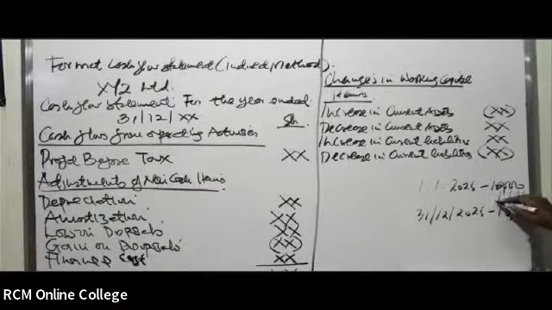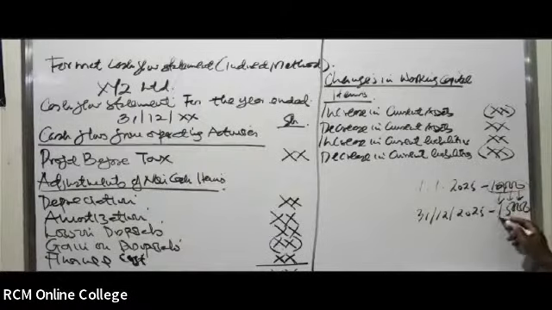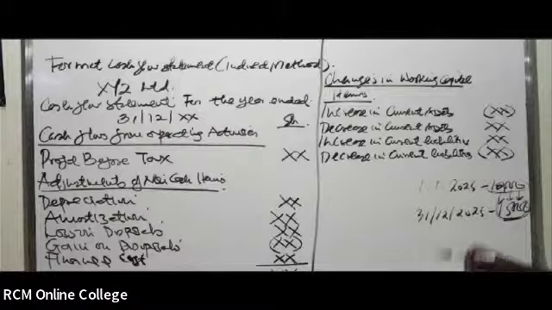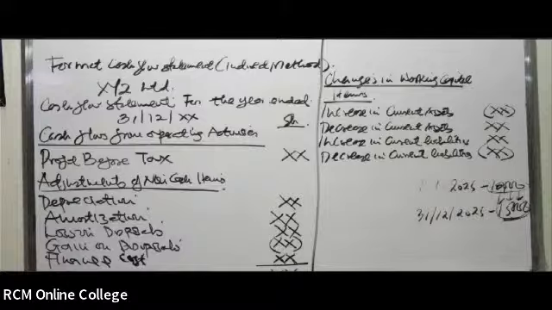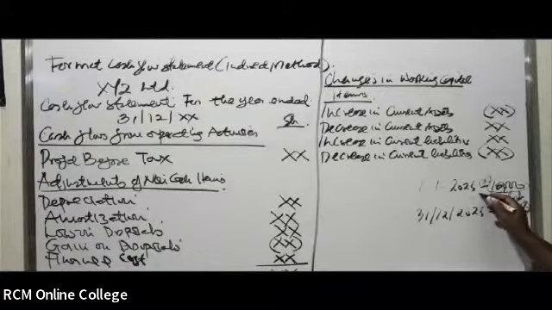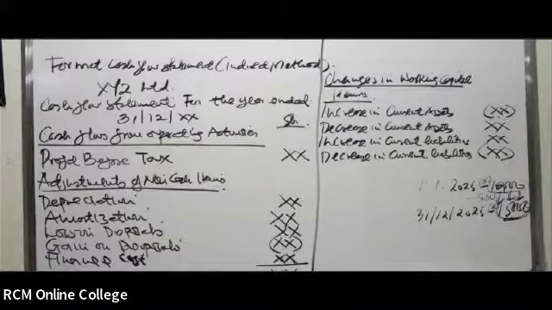You must have incurred some cash to buy 5,000 more goods to sell. So you'll deduct.